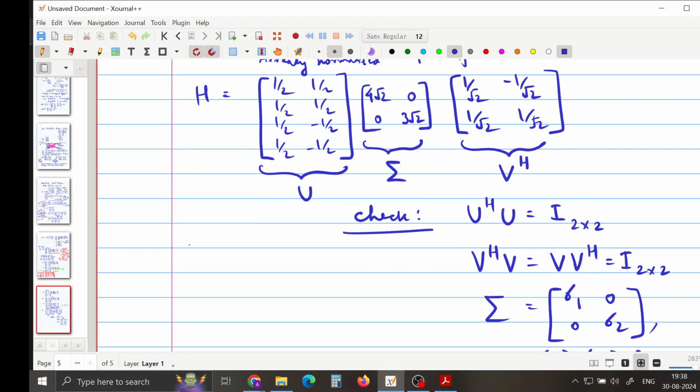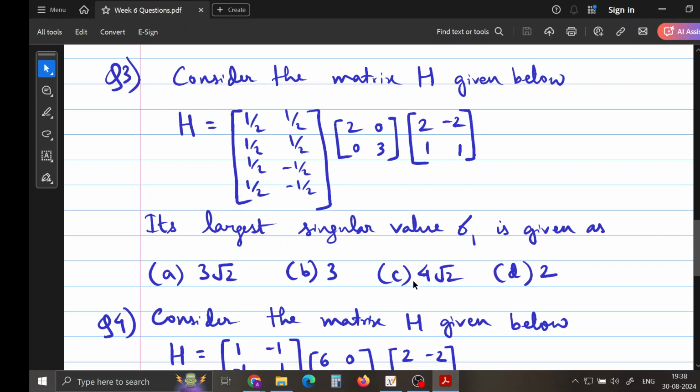So now sigma 1 is 4 root 2, right, and sigma 2 is 3 root 2, but in the question we are asked to find the largest singular value.